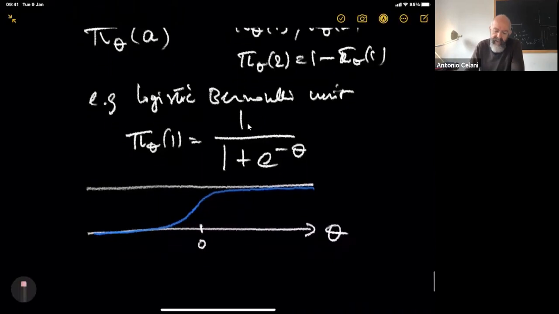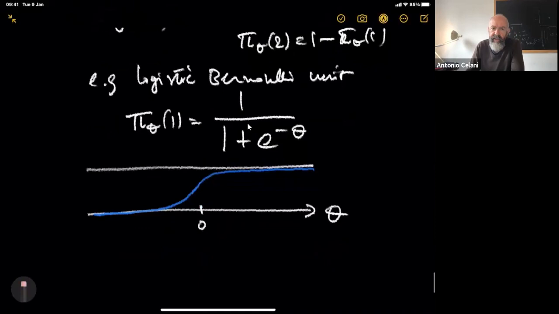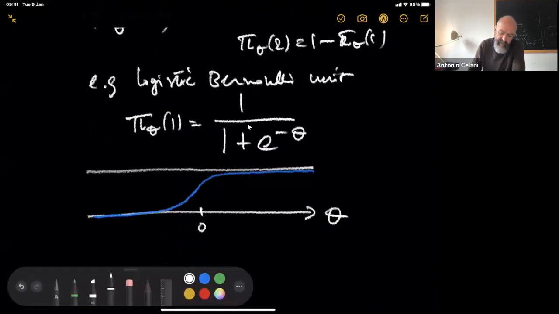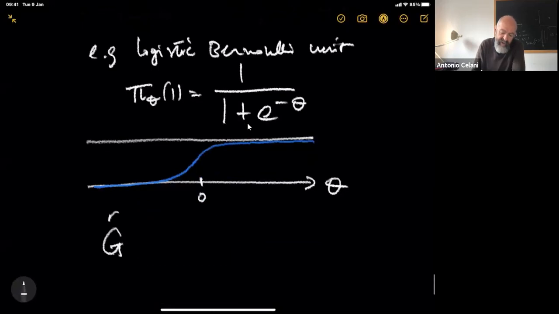So how does REINFORCE look for this choice of parameterization? Then you just have to do one thing. For bandits, your estimate of G is just the reward. There's no future, it's just what you get when you play that action.